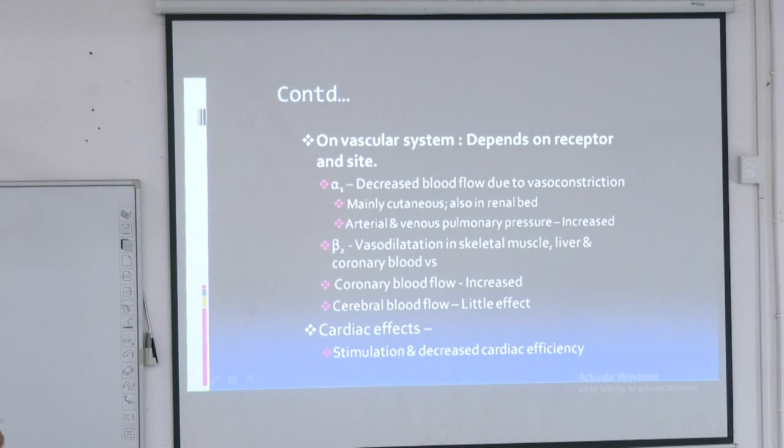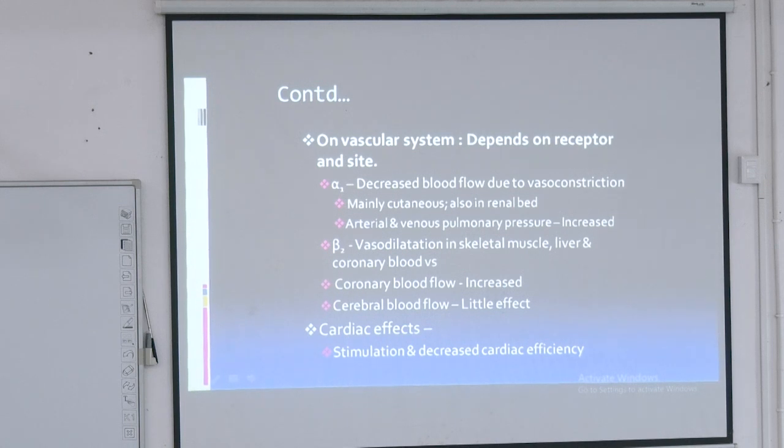There is redistribution of the blood due to strong vasoconstriction, so there will be raised arterial and venous pulmonary pressure. Beta 2 effect, vasodilation in the skeletal muscle, liver and coronary blood vessels. All the blood vessels are constricted in the heart except the coronary. There will be dilatation. Why is there dilatation of the coronary artery?